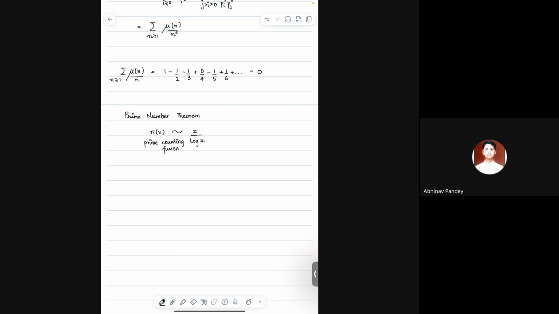But this summation of mu(n) over n being equal to 0 is equivalent, I should say, to counting the number of prime numbers up to a large number x.